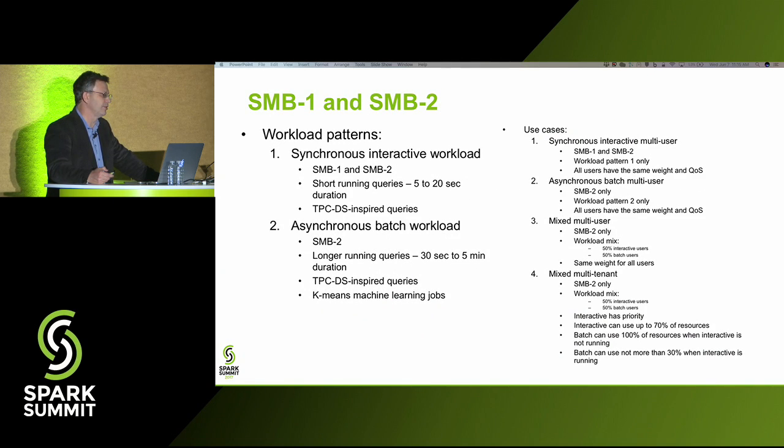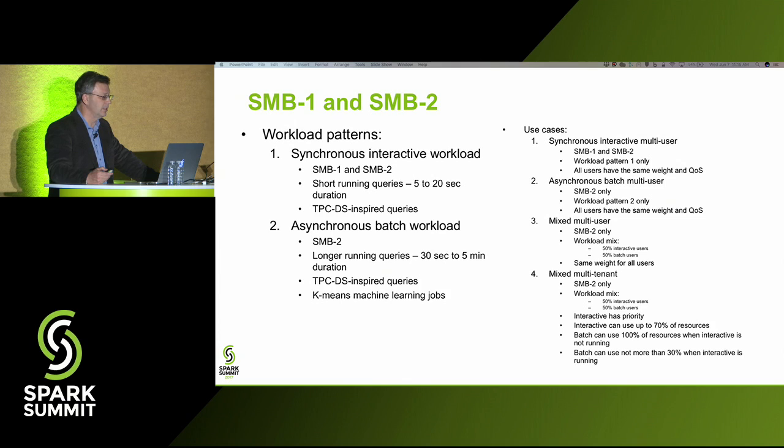So, going into the pattern. The first version, SMB1, was more simple. It used only synchronous workload. The current SMB version 2 has two workload patterns, synchronous interactive and asynchronous batch.